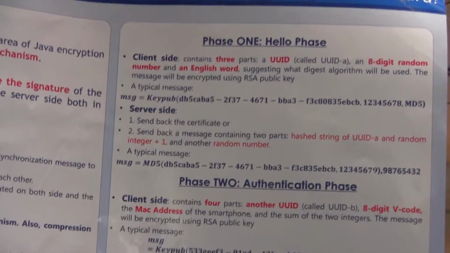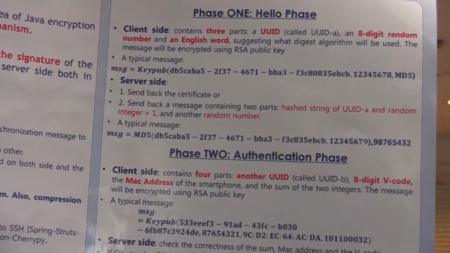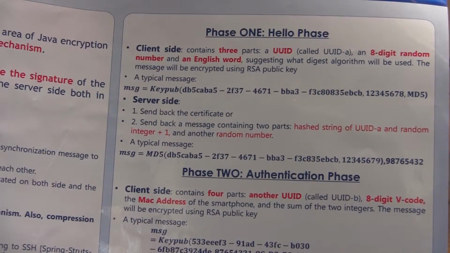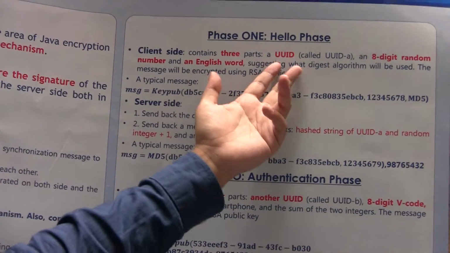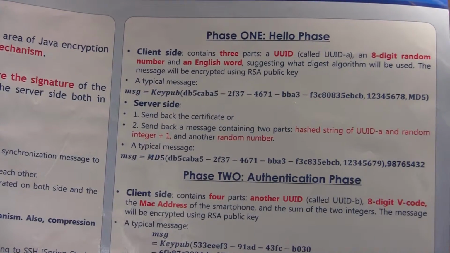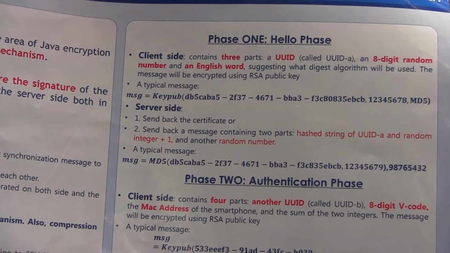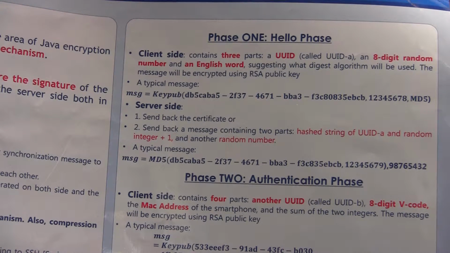Okay, so now let's proceed to the first phase. Phase 1 is the hello phase. The client side will send a message containing 3 parts. The first part is a UID. What is UID? UID is short for universally unique identification. In theory, a smartphone can generate 1 billion UIDs in 1 second.